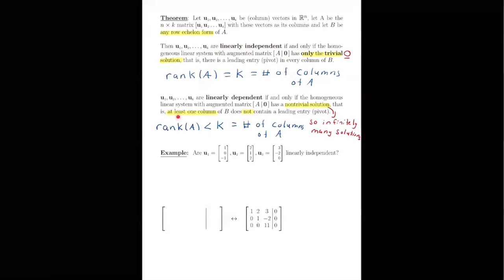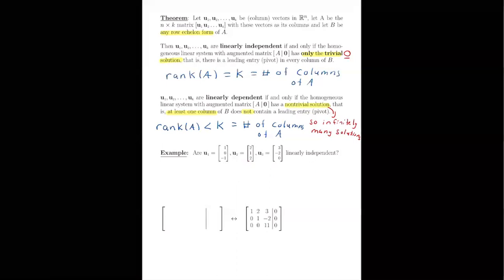And if there's at least one column of B that does not contain a leading entry, so the rank of A is strictly less than the number of columns of A, then the columns of A are linearly dependent. This is the test that we can use. We just have to look and see whether or not every column of a REF of A has a leading entry. Okay, so let's revisit the same example.